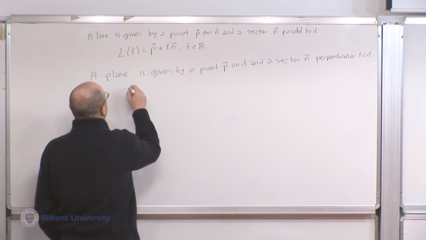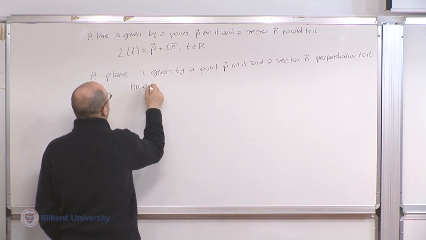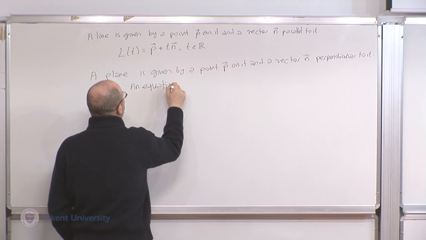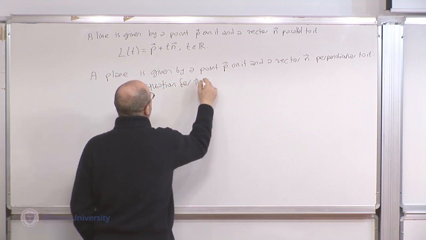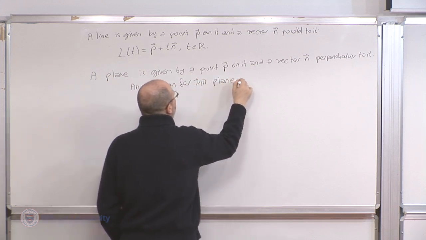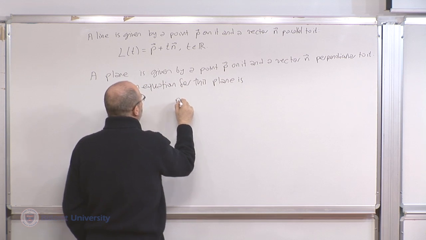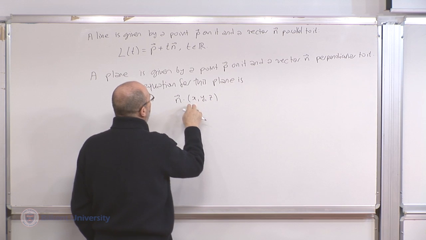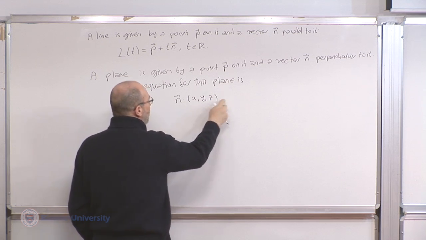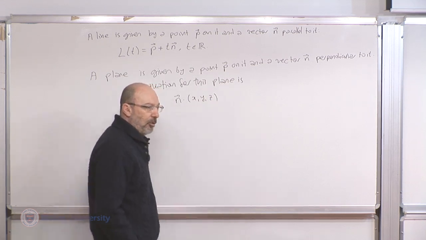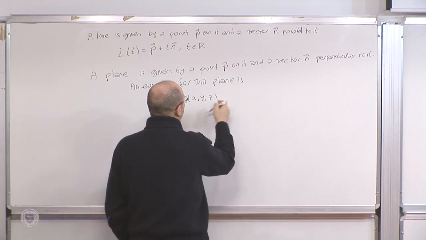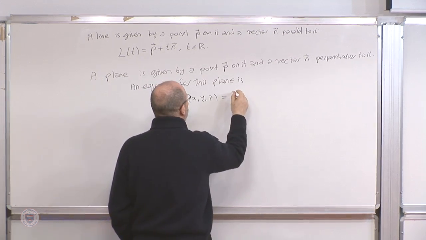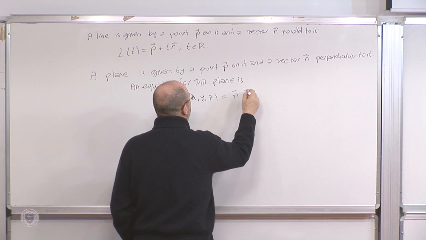Then the equation for this plane is n dot (x, y, z). If you are in n space, then here you put n components, and unknown components, is equal to n dot p.